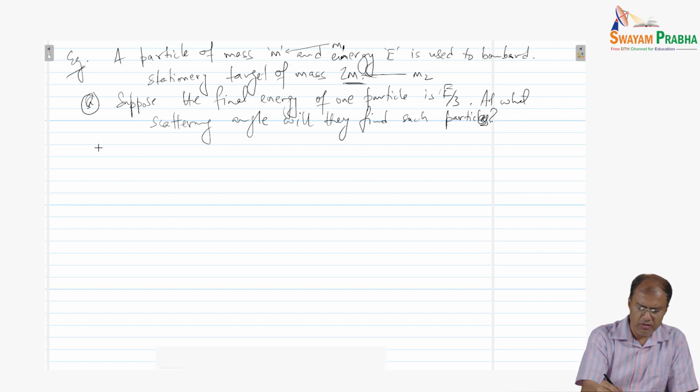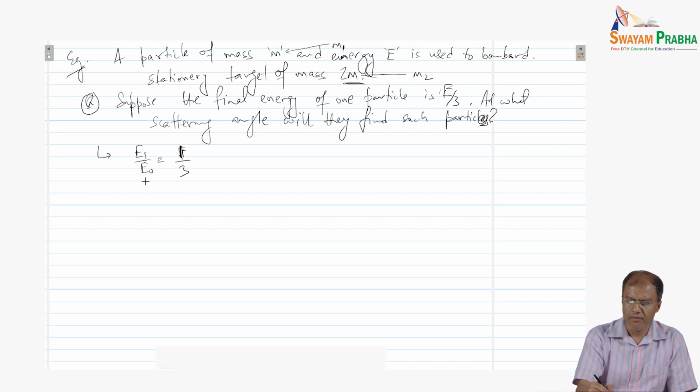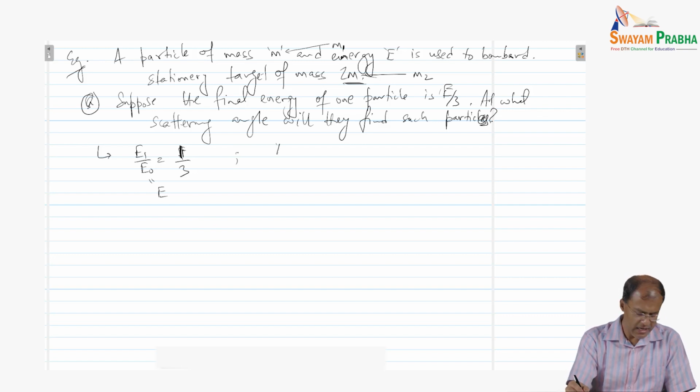So we see that E1 by E0 is given to be 1 by 3, right? Where E0 is capital E. Okay, and E2 by E0 is 2 by 3, right?